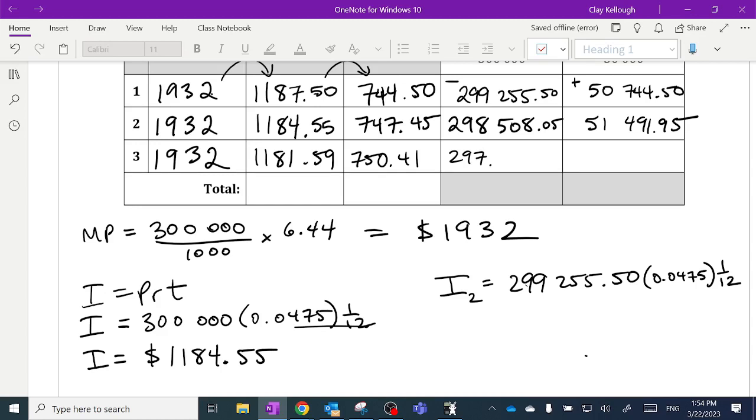Oops, I didn't mean to put a decimal there. Yeah, 297,757.64. And this one is 52,242.36. Now, notice that it wants totals. So you just add these three numbers up, and that's how much interest you have paid in your first 3 mortgage payments. $3,553.64.